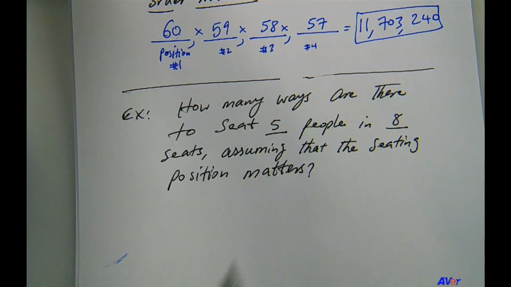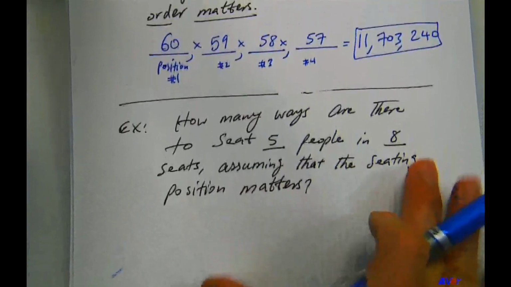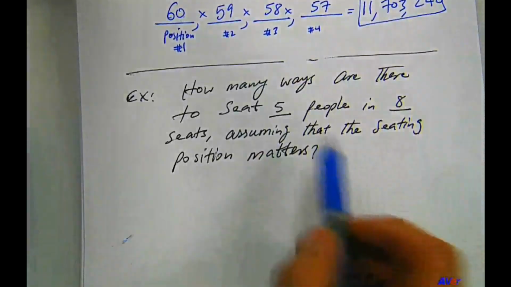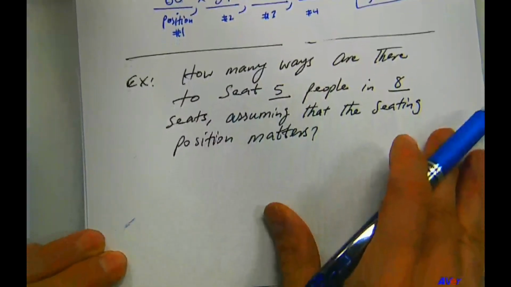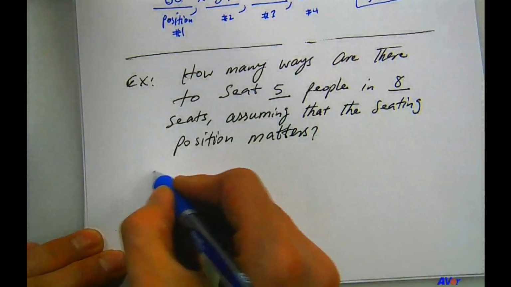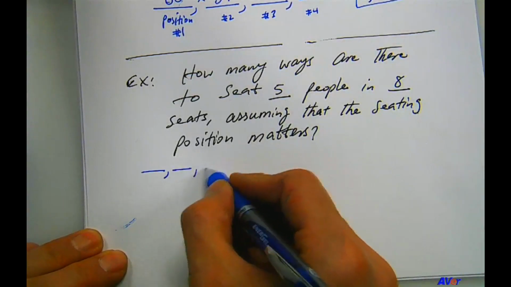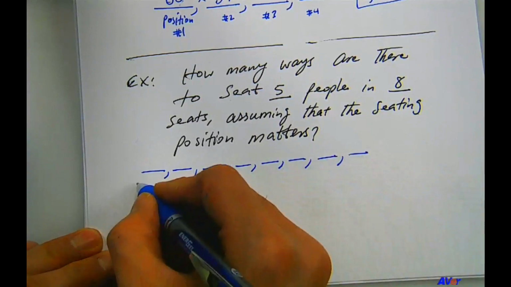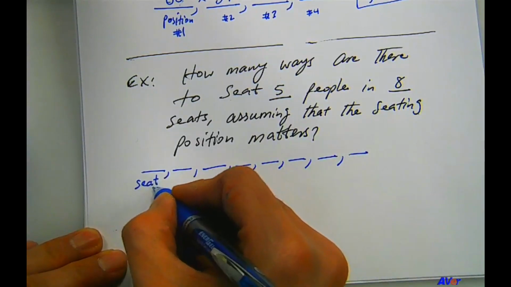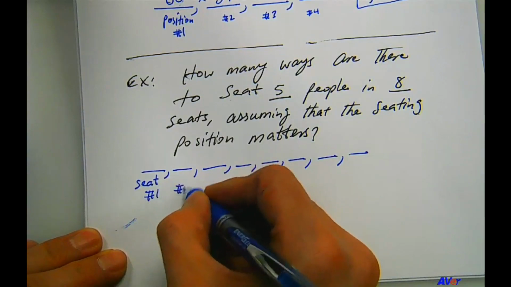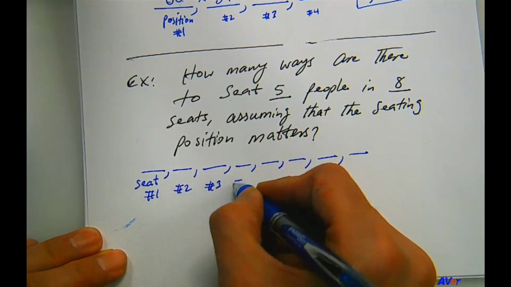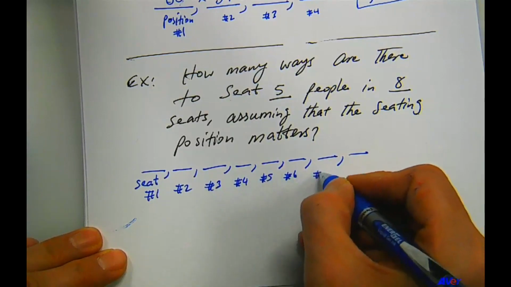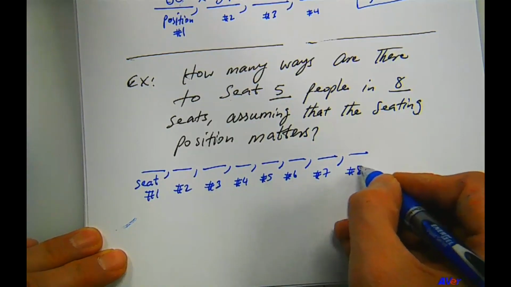Now, how do we go about this if we wanted to reason it like this? Okay, so we want to seat 5 people in 8 seats. Let's see if we can do this. If this is seat number 1, number 2, number 3, number 4, number 5, 6, 7, and 8.